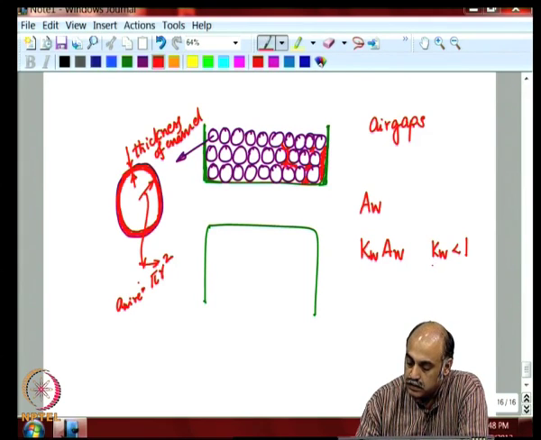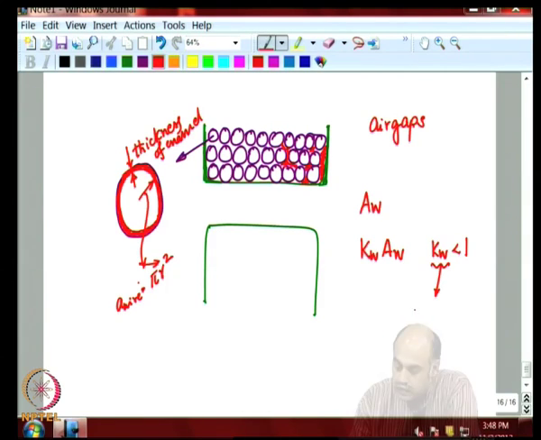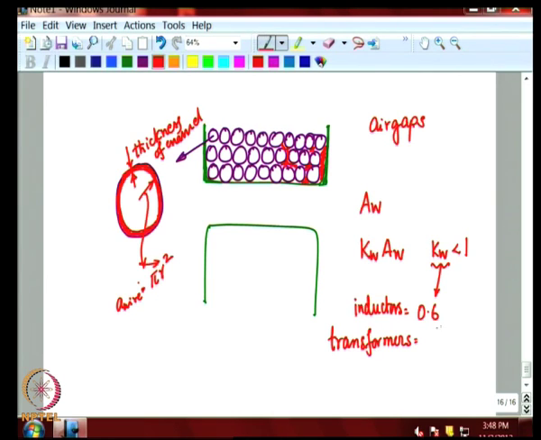This factor is arrived at empirically. This is around 0.6 for properly wound inductors, and for transformers it could be anywhere from 0.2 to 0.4.